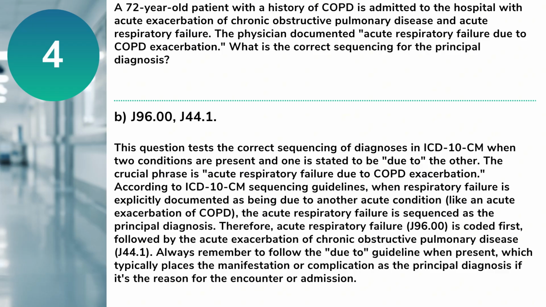Therefore, acute respiratory failure, J96.00, is coded first, followed by the acute exacerbation of chronic obstructive pulmonary disease, J44.1. Always remember to follow the due to guideline when present, which typically places the manifestation or complication as the principal diagnosis if it's the reason for the encounter or admission.